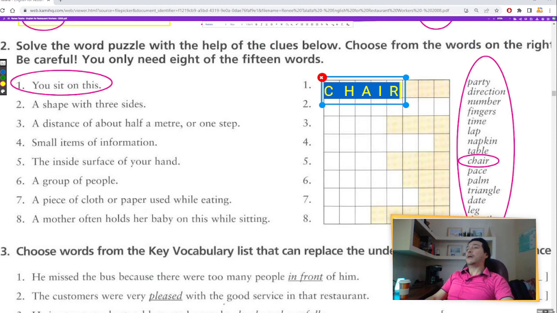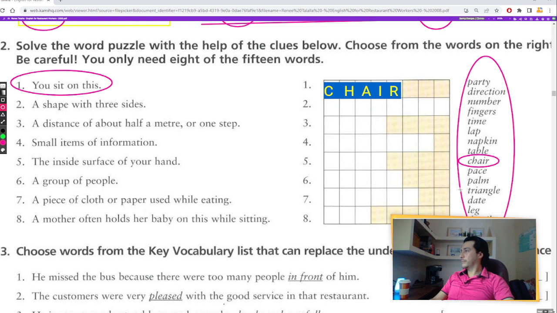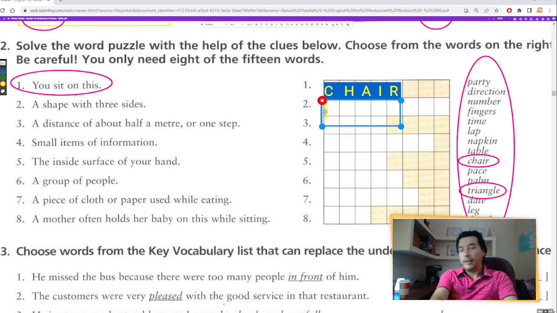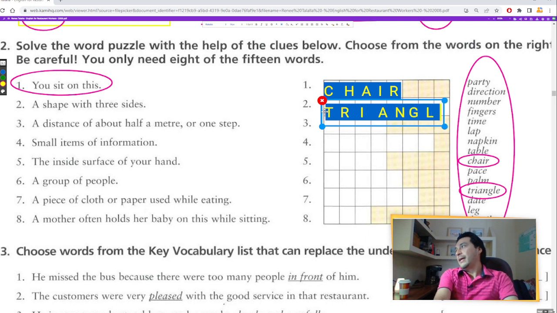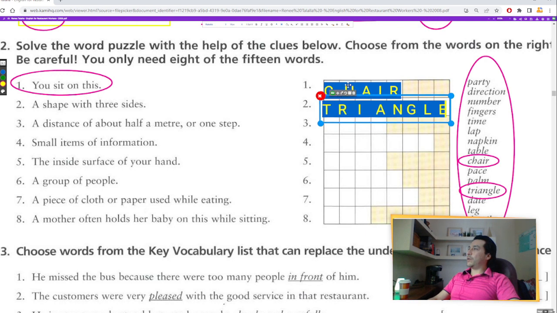It's a shape from geometry. Triangle. Number 2, triangle. T-R-I-A-N-G-L-E. Yes, we have the correct number of letters. Triangle for number 2.